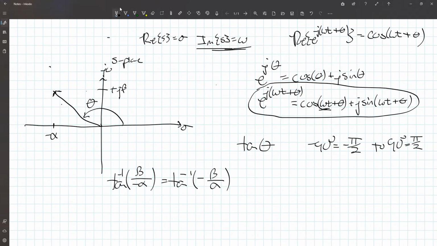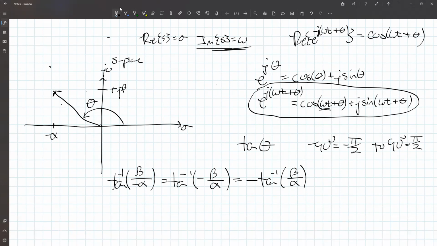And there's a trig identity in here, that the inverse tangent of a negative ratio is equal to the negative inverse tangent of that same ratio, not angle.